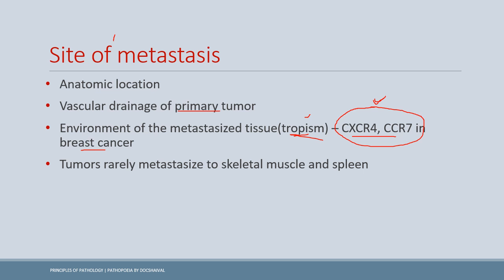Okay. Now, one of the important things to keep in mind is that tumor cells rarely metastasize to the skeletal muscle and spleen. Although they are highly vascular, still the tumor cells rarely metastasize there.